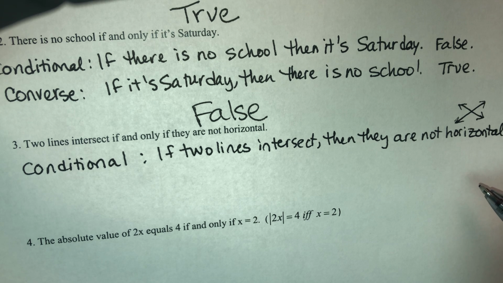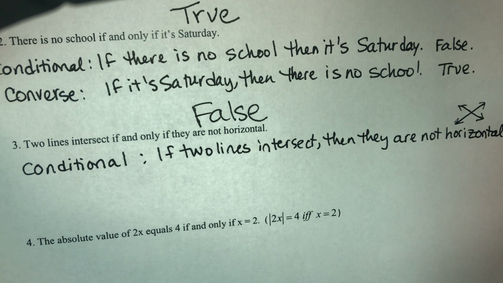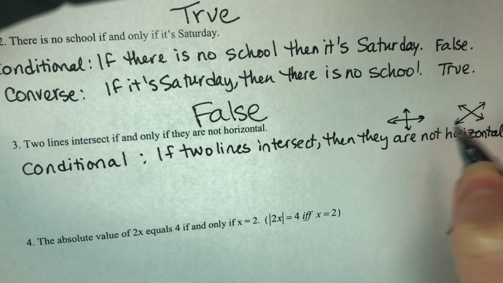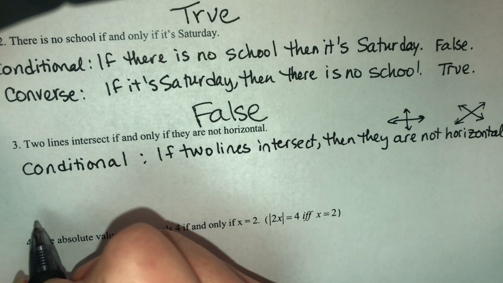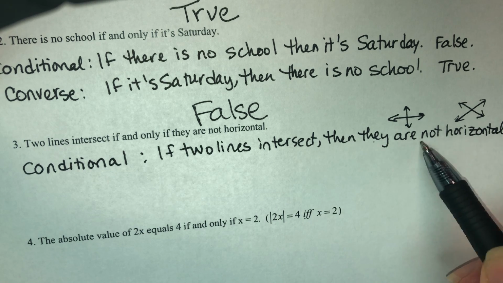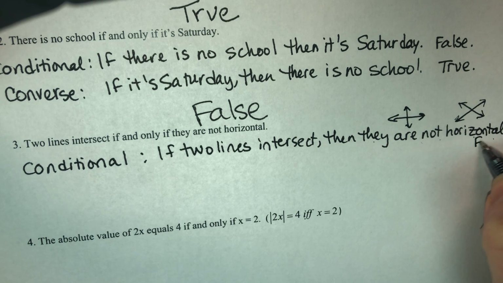Might there be a horizontal line that intersects? Well, one of them could be horizontal if they're intersecting, but not both of them could be horizontal. So is that true or false? If I could make one of them horizontal, then one of the lines is horizontal. It would not be that they are not horizontal. So I'm going to say that's false.